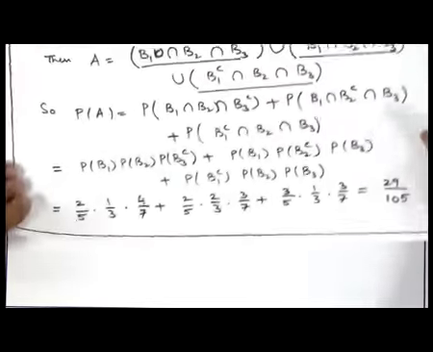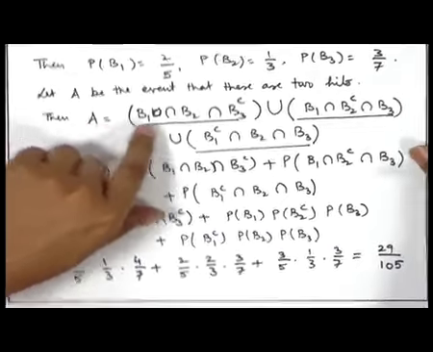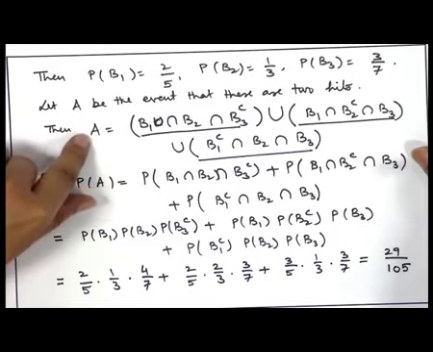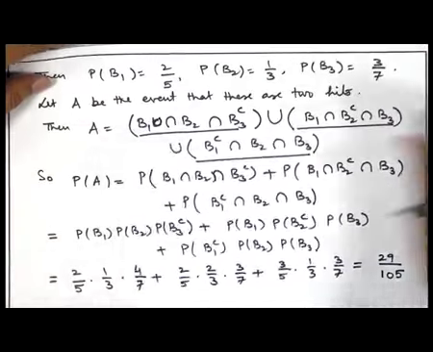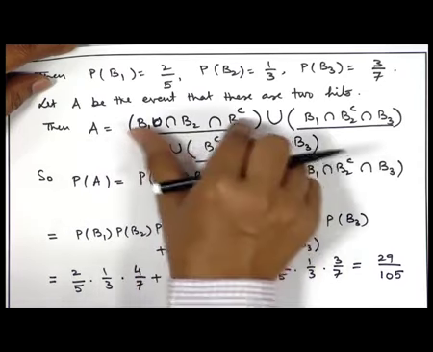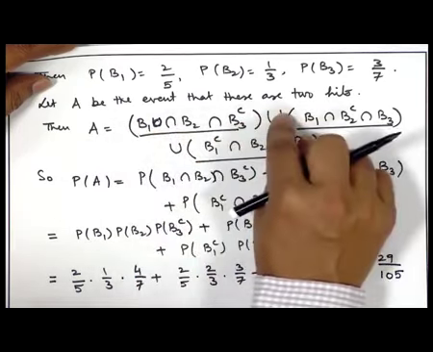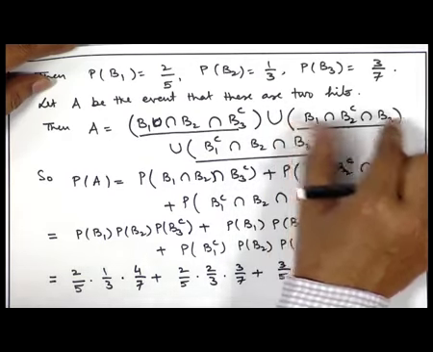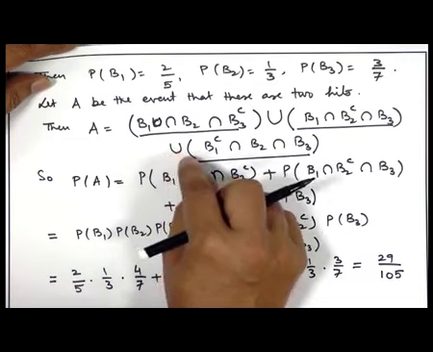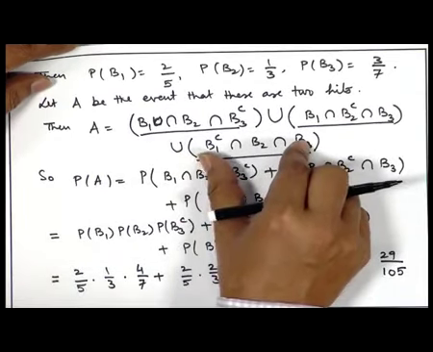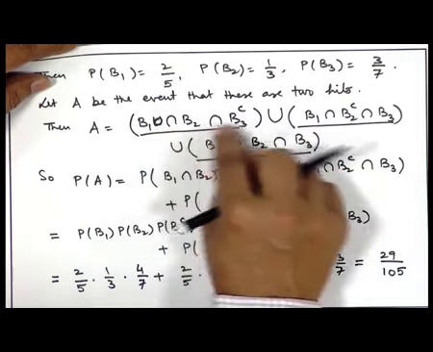If I look at the event A, then B2 complement intersection A will become B2 complement intersection with the first term, union B2 complement intersection with the second one, union B2 complement intersection with the third one. Now, you can notice here that in the first term it is B2.